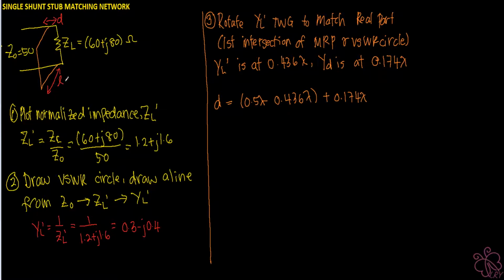So 0.5 minus 0.436 plus 0.174, you will get 0.238 lambda. So this is the distance where you want to place our shunt stub, 0.238 lambda from our load.